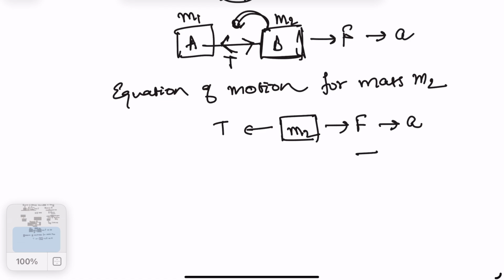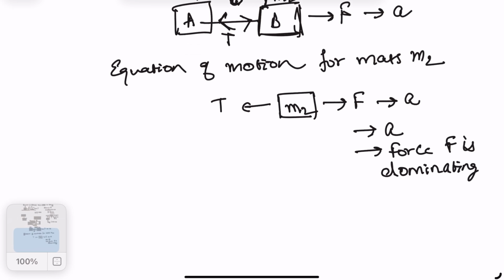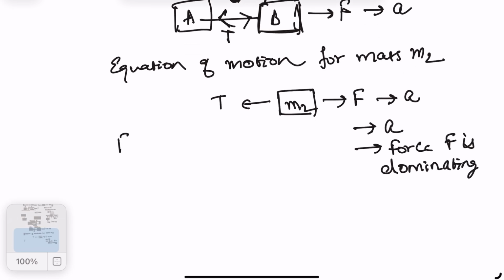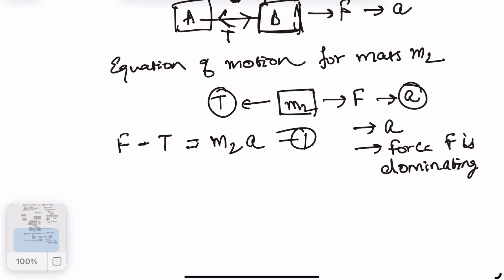The direction in which acceleration is acting, that force is always dominating, as force F is dominating. So we write F first, then minus the opposing force T, is equal to mass of the body m2 into acceleration A. This becomes your equation 1.